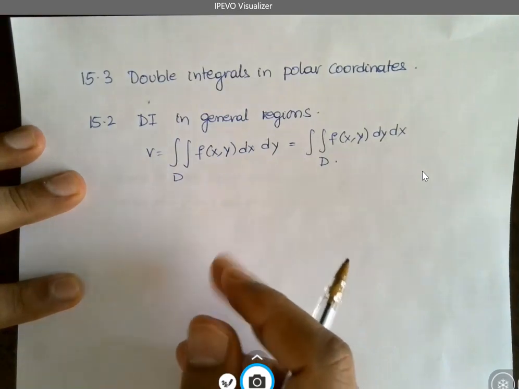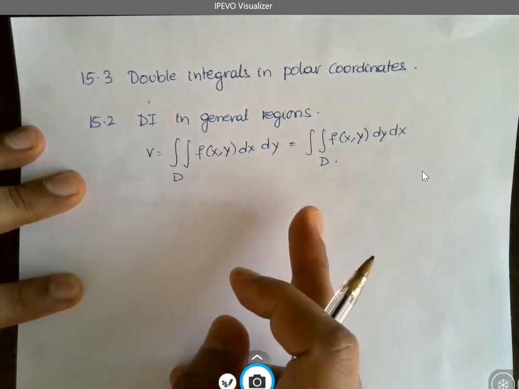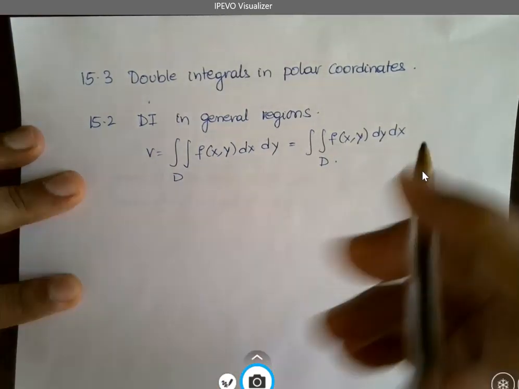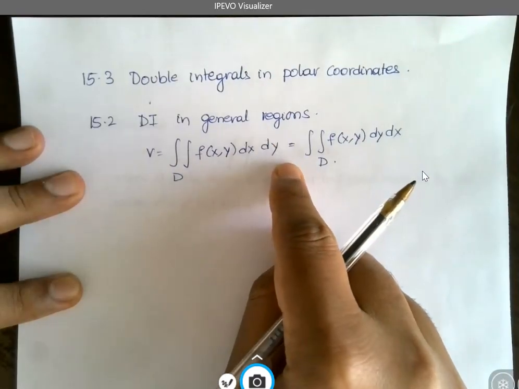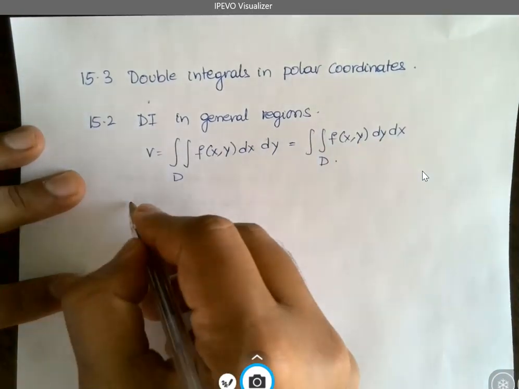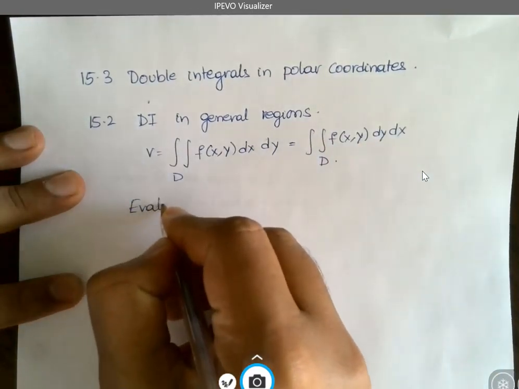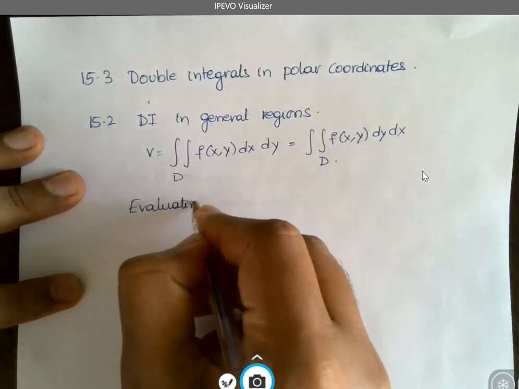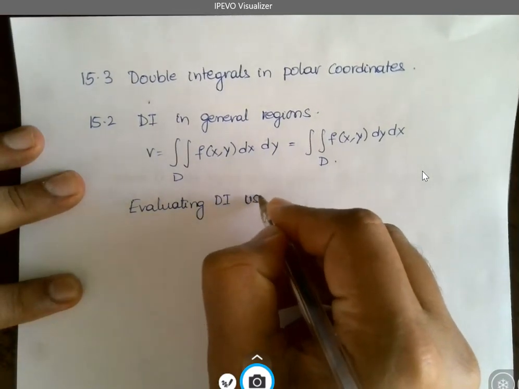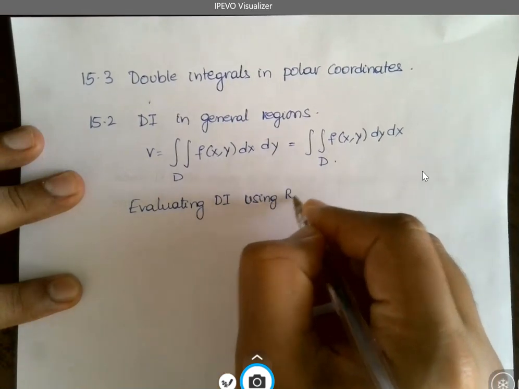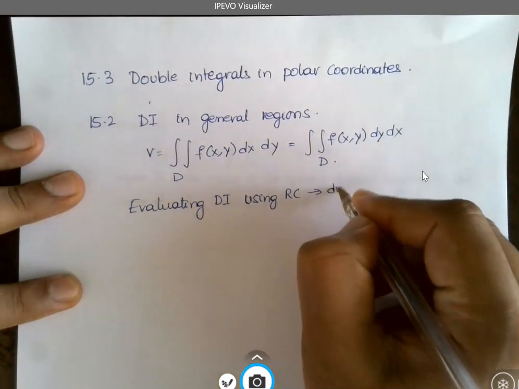Now, why are we studying double integrals in polar coordinates? The reason is that sometimes evaluating double integrals using rectangular coordinates becomes difficult.